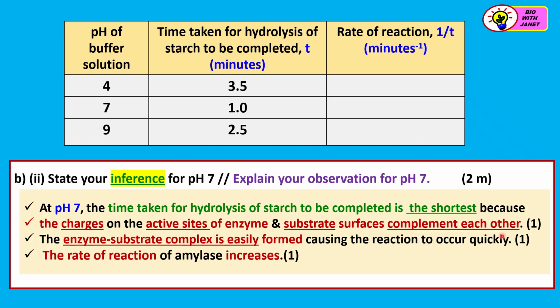For example, maybe the charges on the active site are positive, and the charges on the substrate surfaces may be negative. So they complement each other and attract each other, so that the enzyme substrate complex is formed quickly or easily, causing the reaction to occur, and therefore the rate of reaction is high. And that's why the time taken is short.